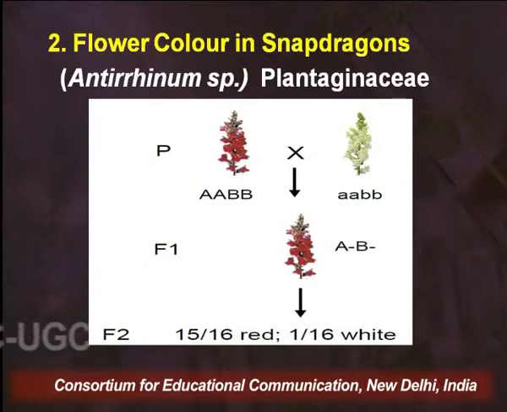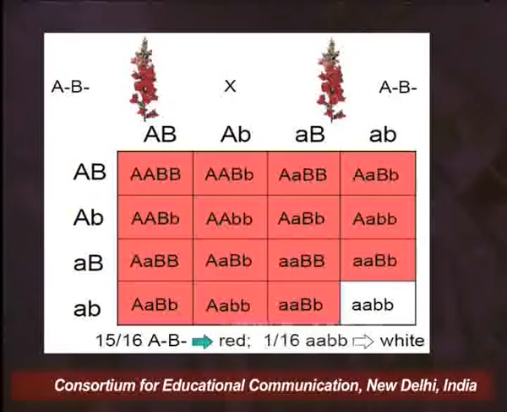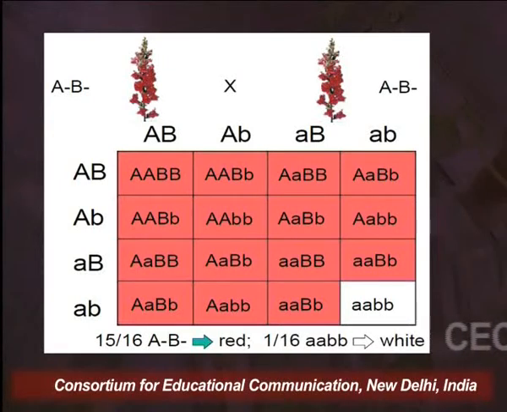In the F2 generation, 15 combinations, you can see the abbreviated ratio also below this Punnett square, would have 15 red and just 1 out of 16 a double recessive phenotype. So this is the classical 15:1 ratio.